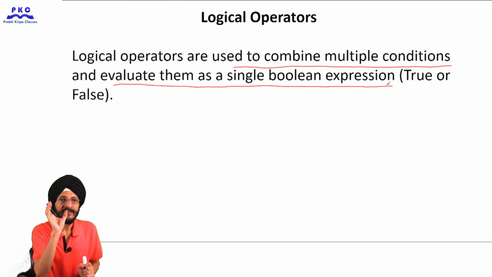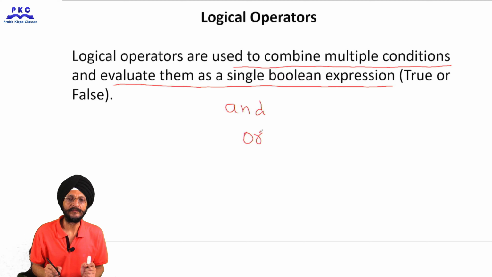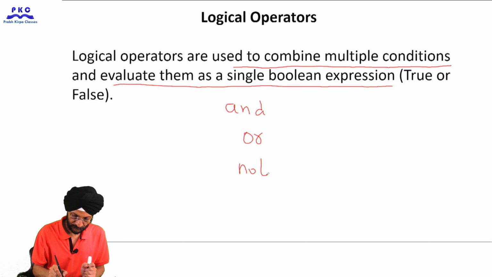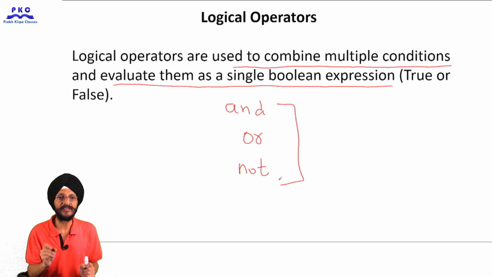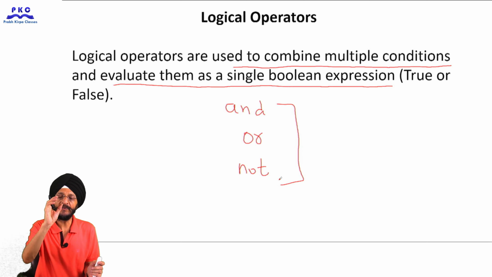There are three logical operators: and, or, and the third one is not. These are the three main logical operators in Python. Now we will discuss each of these one by one.